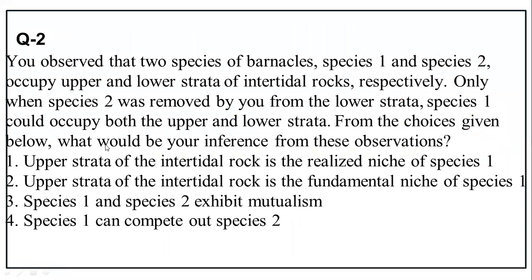So you observe that two species of barnacles, species 1 and species 2, occupy upper and lower strata of intertidal rock respectively. Now when species 2 was removed by you from the lower strata, species 1 could occupy both upper and lower strata.